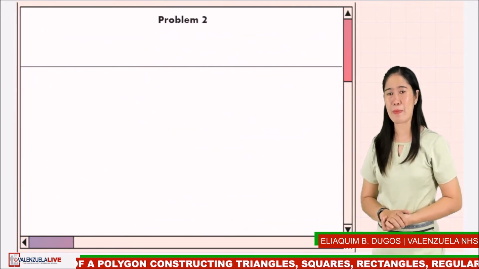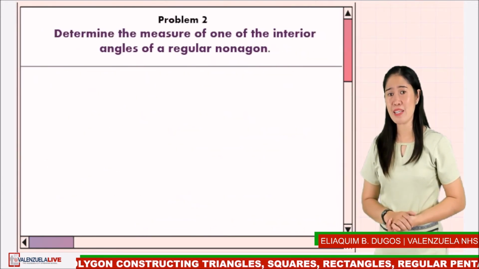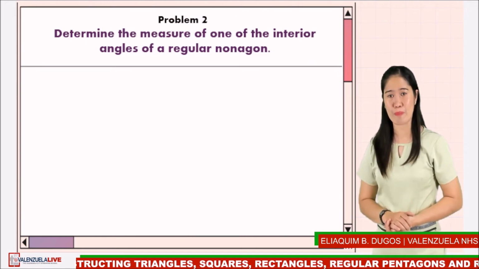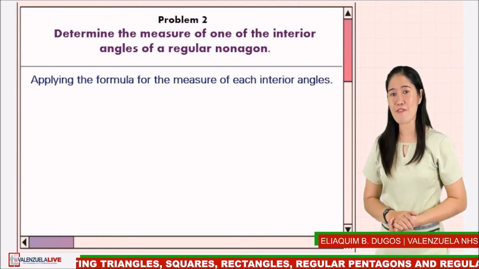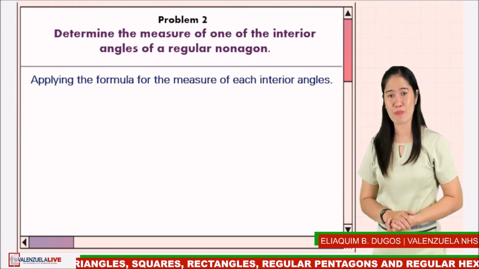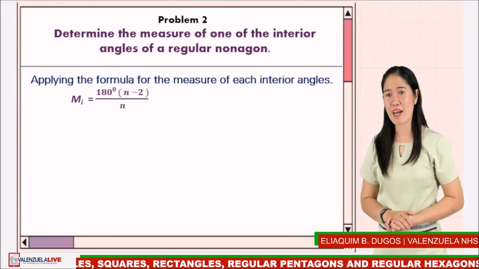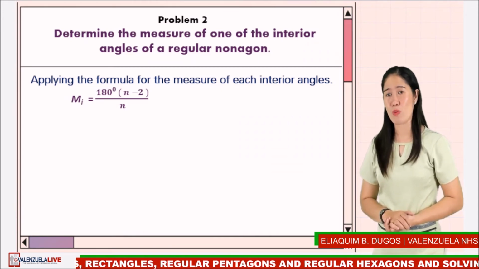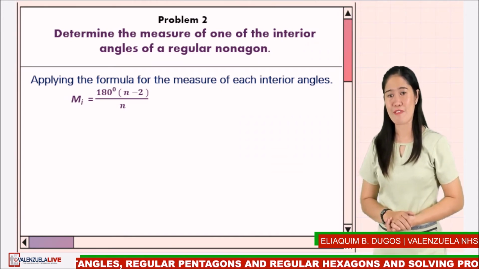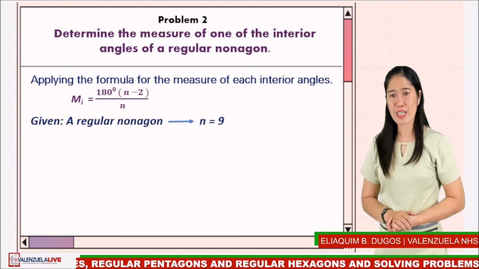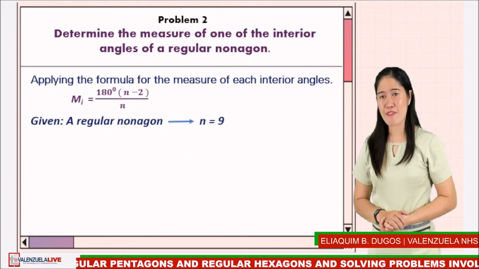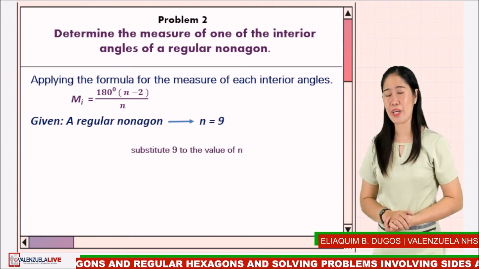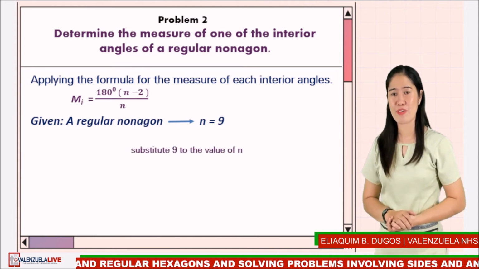For problem number 2, determine the measure of one of the interior angles of a regular nonagon. By applying the formula for the measure of each interior angle, we have m sub I is equal to 180 degrees multiplied by the quantity of n minus 2, divided by n. Then, the given: a regular nonagon has 9 sides. So, we're going to substitute the value of n to the formula.